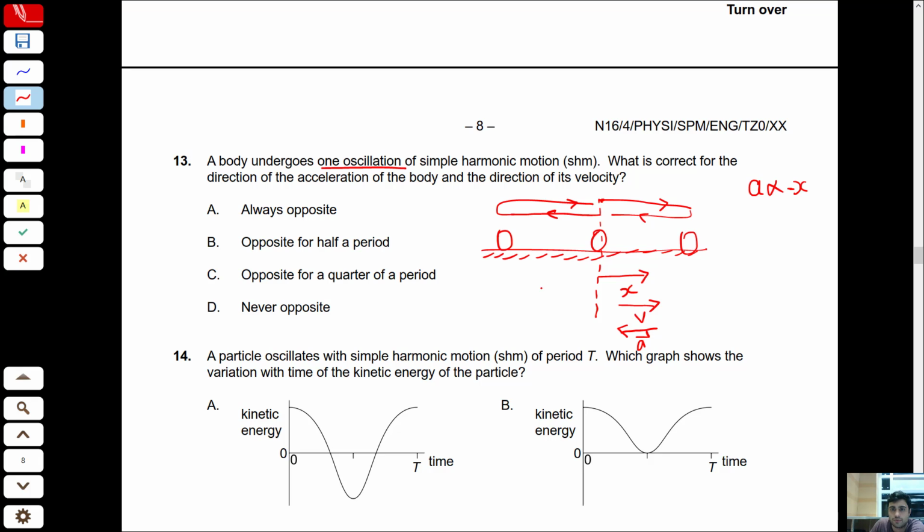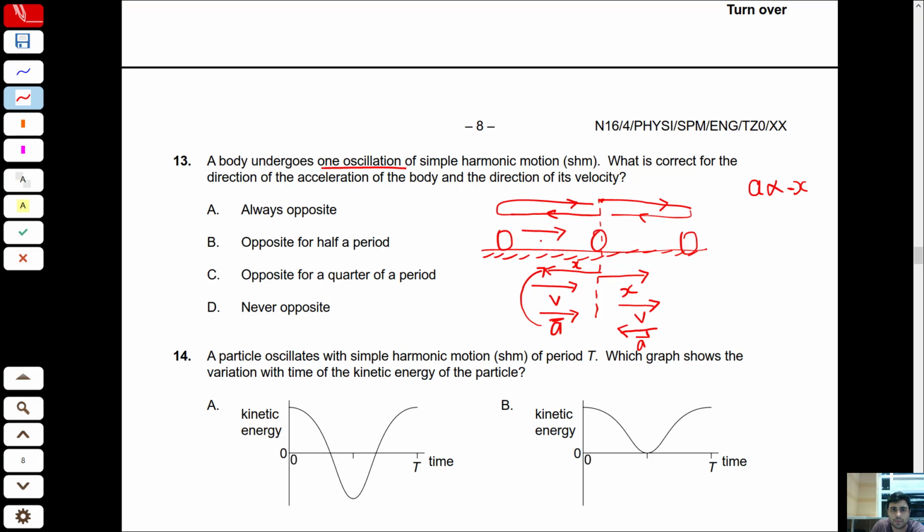Now when the body is moving toward the equilibrium mean position, the displacement is still in the forward direction, and this is displacement, this is velocity. Then acceleration will be in the same direction as before, because acceleration has to oppose displacement.